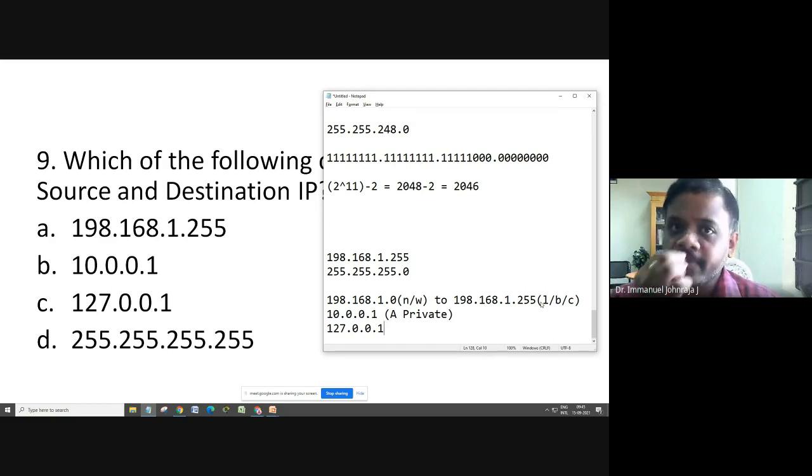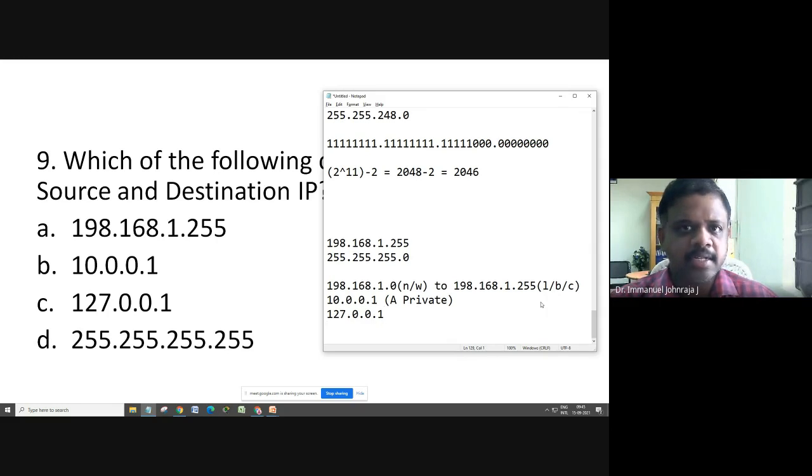Otherwise, there is a problem with your operating system and the related services. This can also be used in routers' interfaces, which are called loopback interfaces, to simulate and scan, and also to measure the performance of your routing algorithms. So 127.0.0.1 cannot be a source IP. It can be a destination IP, which does not exist, but it is a loopback IP. So that is ruled out.